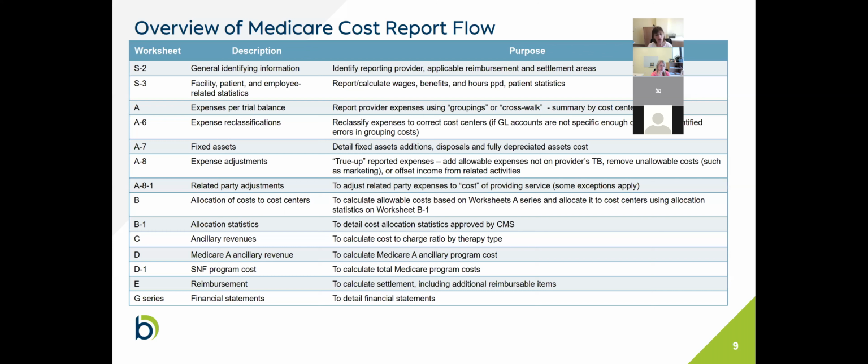And then we got into the B series of cost report schedules. That section is looking to calculate allowable costs and has allocation statistics that are either approved by CMS as standard ones, or that you requested specific to your facility.